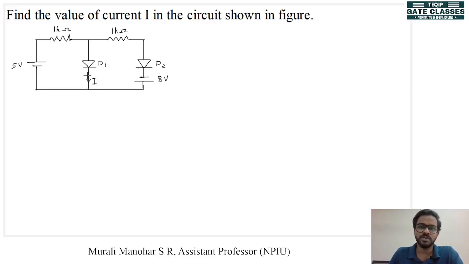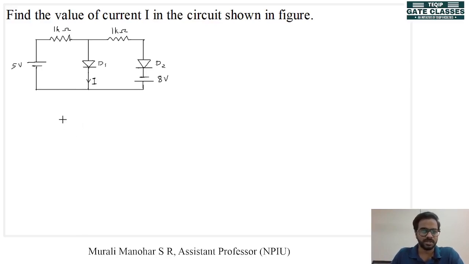We can do either the short circuit test or the open circuit test, and then we can find out the biasing of the diode. After finding out the biasing of the diode, we can find out the value of current. So for this problem, I will go for the short circuit test because we have done two open circuit tests. Now we have only done one short circuit test.